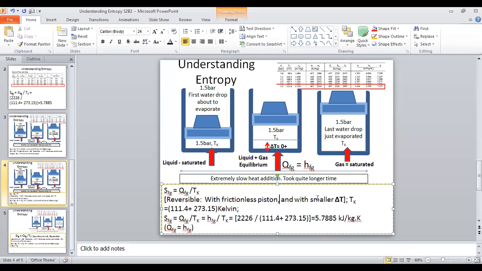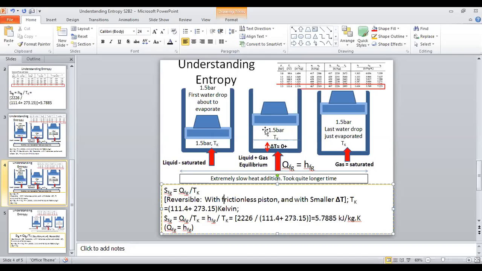That is the phenomenon we are considering with the smaller delta T. So if there is friction, when the heat Q reverses, the piston may remain there. So then the system is different.